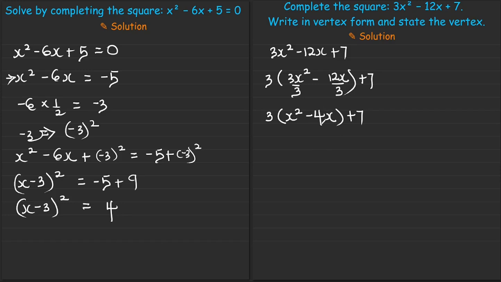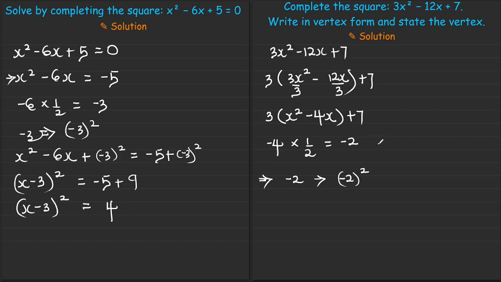So it says we should find half of the coefficient of x. We have negative 4. The half of negative 4 is negative 2. Now if we are able to get half the coefficient of x, we then do what? Square it. So we have negative 2 all squared. Then we now come and do what? Addition.